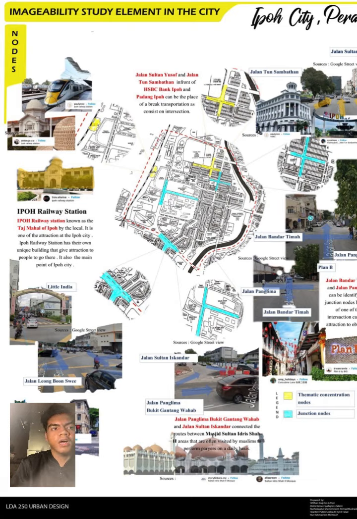The next one is Jalan Sultan Yusof and Jalan Tun Sambanthan in front of HSBC, Bank Ipoh, and Padang Ipoh, which can be a place of break in transportation as it consists of intersections.